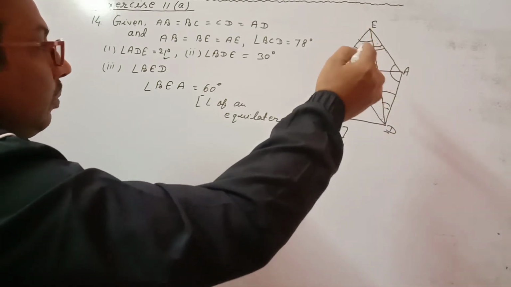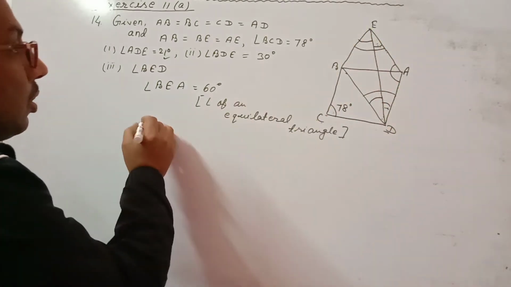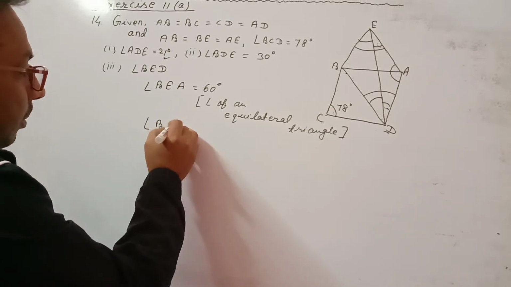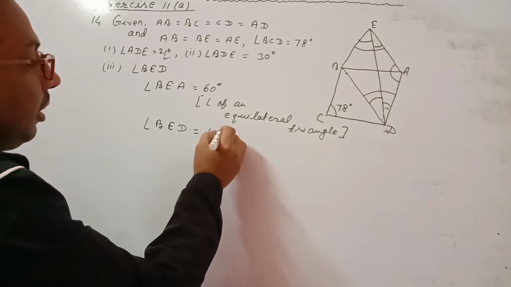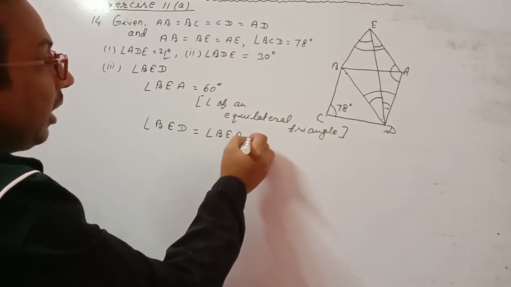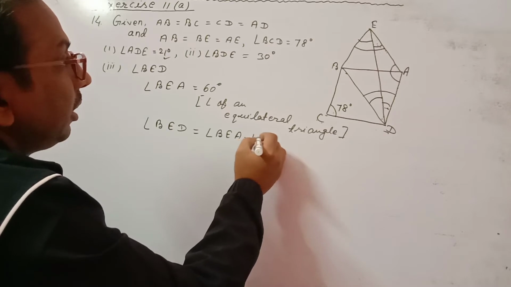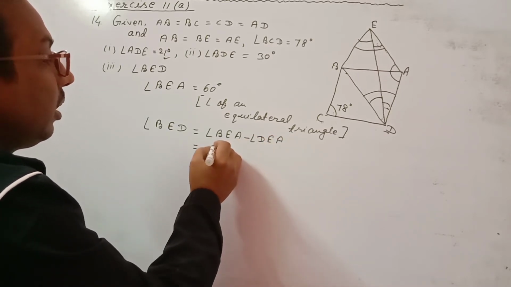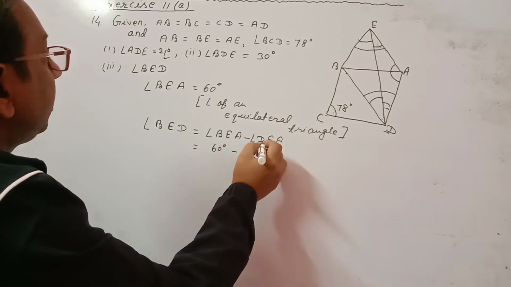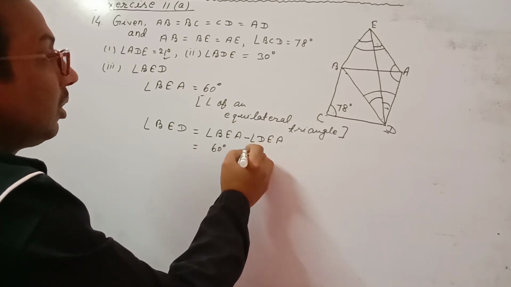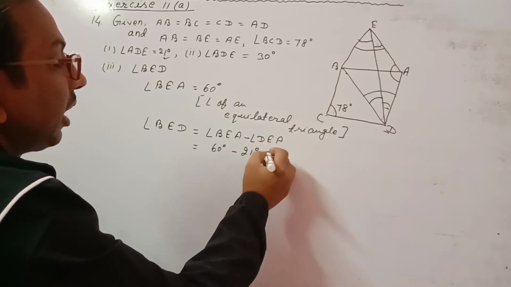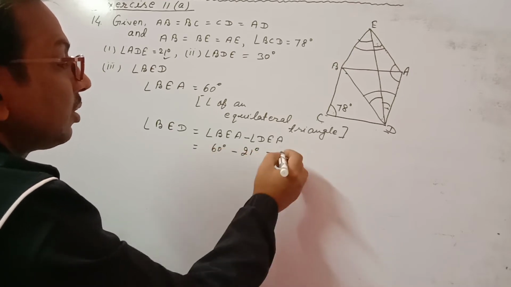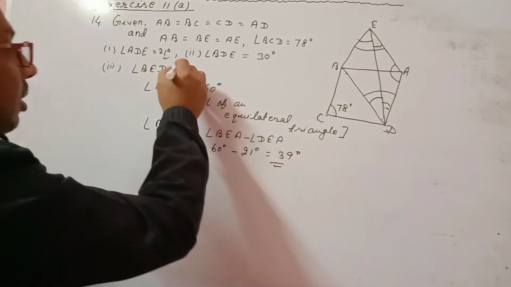In Roman number 1 only we have found that this angle is 21 degree. So angle BED equal to angle BEA minus angle DEA. So angle BEA is 60 degree, and angle DEA we have 21 degree. Subtract these two, we get 39 degree.